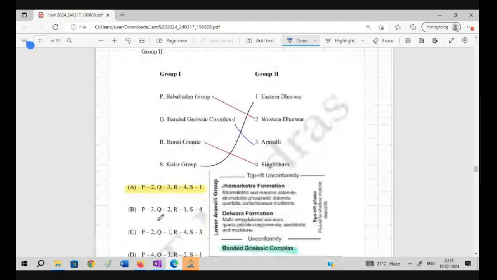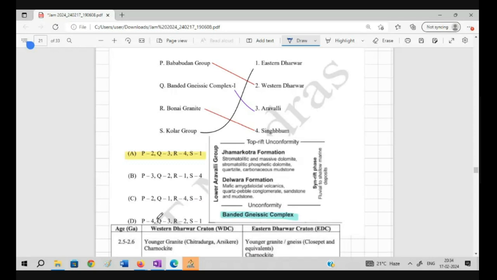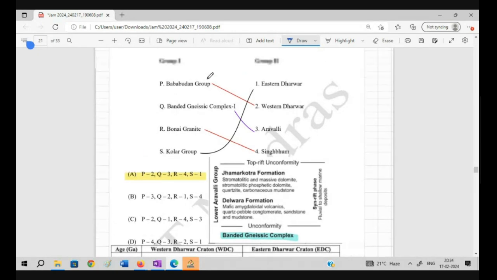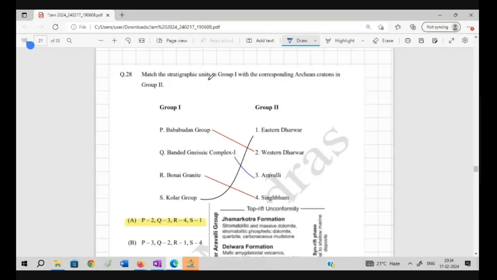Now the next one is a column matching relating to stratigraphical formations. Let's see the Baba Budan group. It is found in which succession? Dharwad. In which part of Dharwad, eastern or western? Western block.